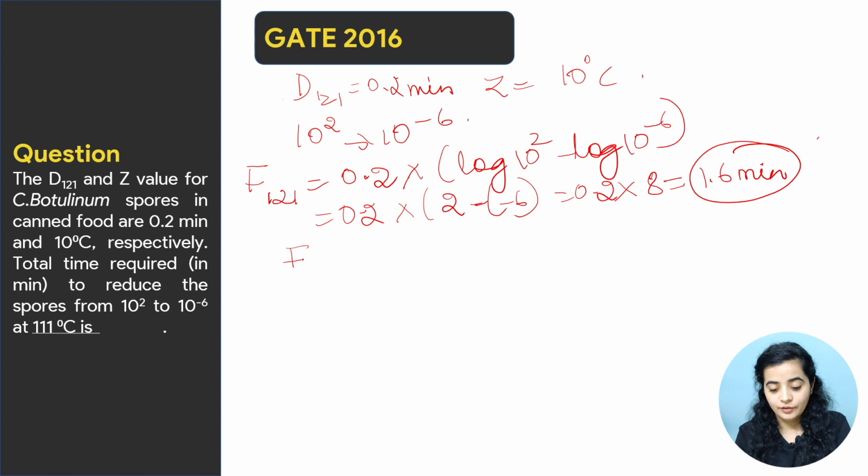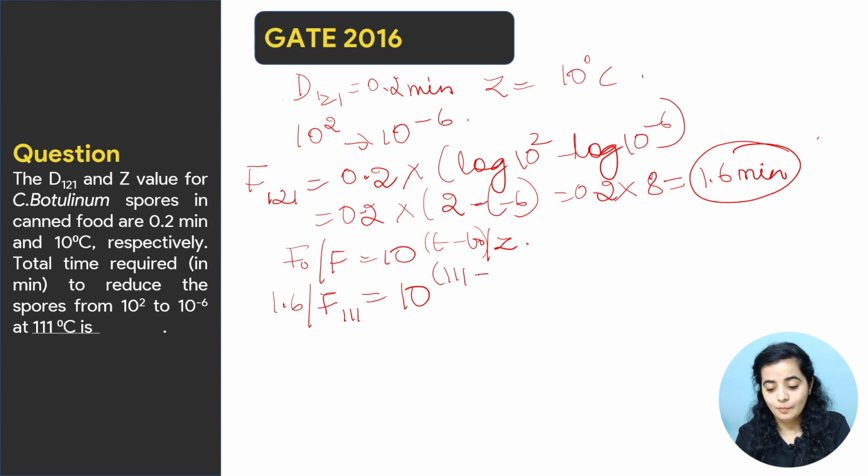We have F naught divided by F is equal to 10 raised to power T minus T naught by Z. Substituting the values, we get 1.6 divided by F at 111 is equal to 10 raised to power 111 degrees Celsius minus T naught, that is 121, upon Z. So we get 1.6 divided by F111 equals 10 raised to power minus 10 upon 10, that is 10 raised to power minus 1.